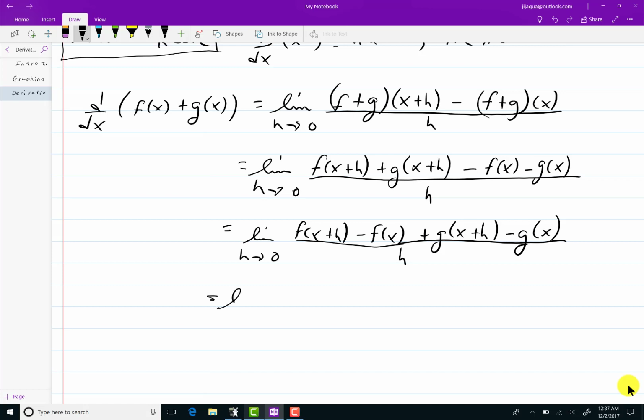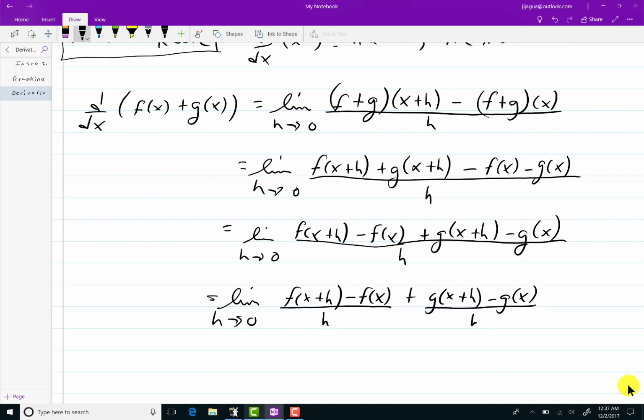This is the limit as h goes to 0. I'm going to separate these two into two fractions. I'm going to have f of x plus h minus f of x plus g of x plus h minus g of x. The first two will be over h. Since they have the same denominator, I'll put big brackets around it to indicate that.